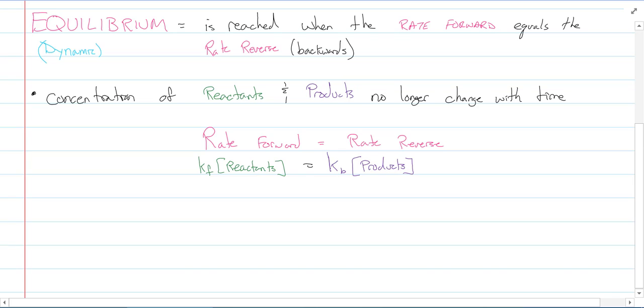So what we're going to do is get the K's on one side and the concentrations on the other. So I have KF divided by KB equals the concentration of products over the concentration of reactants.